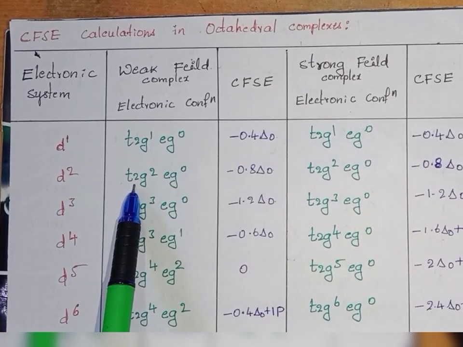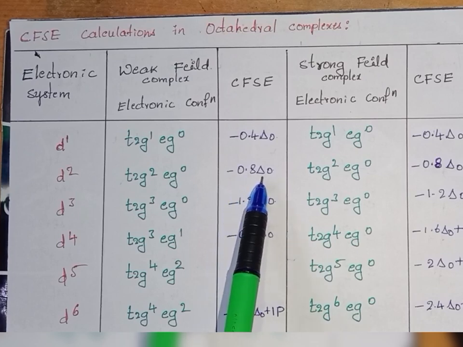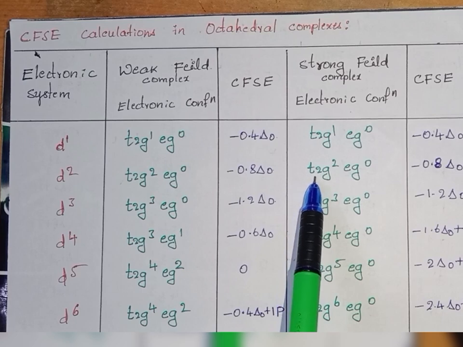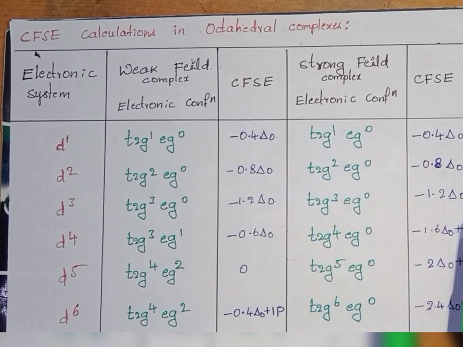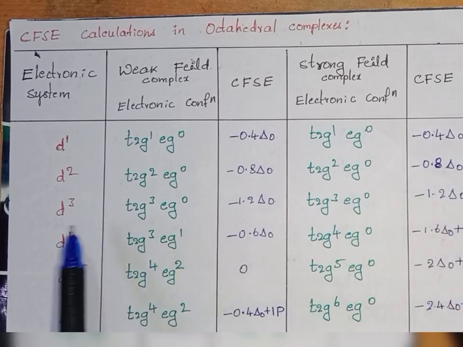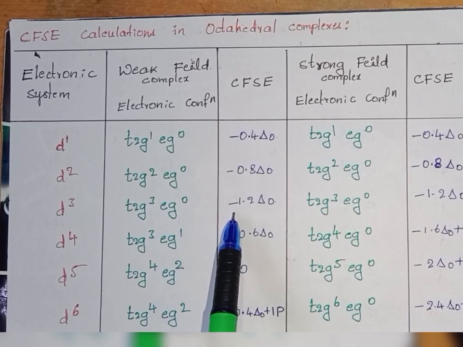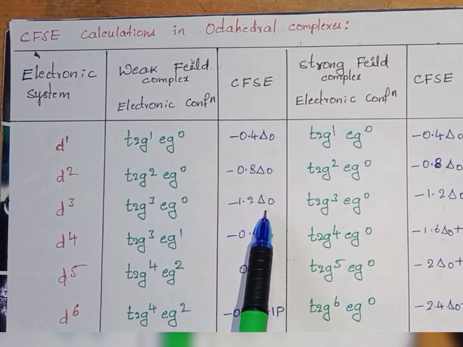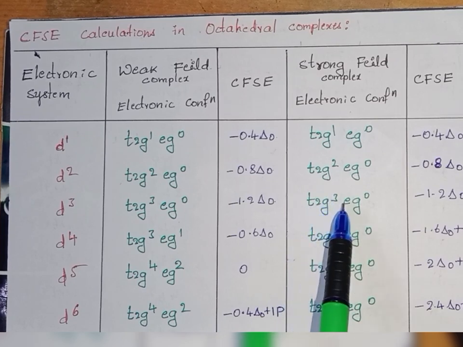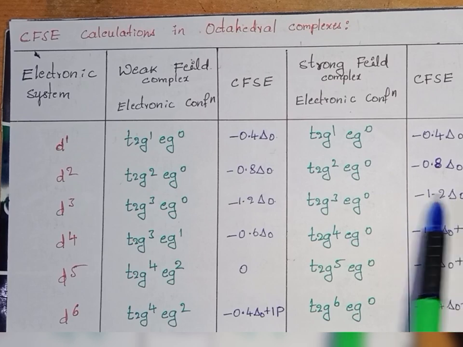For d2, t2g2 eg0, and the CFSE is minus 0.8 Δo for both. For d3, t2g3 eg0, and the CFSE is minus 1.2 Δo for both weak and strong field complexes.